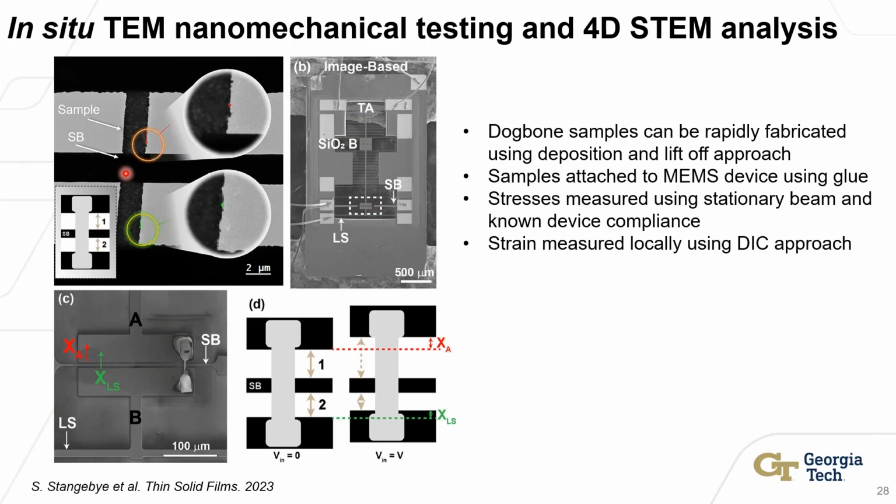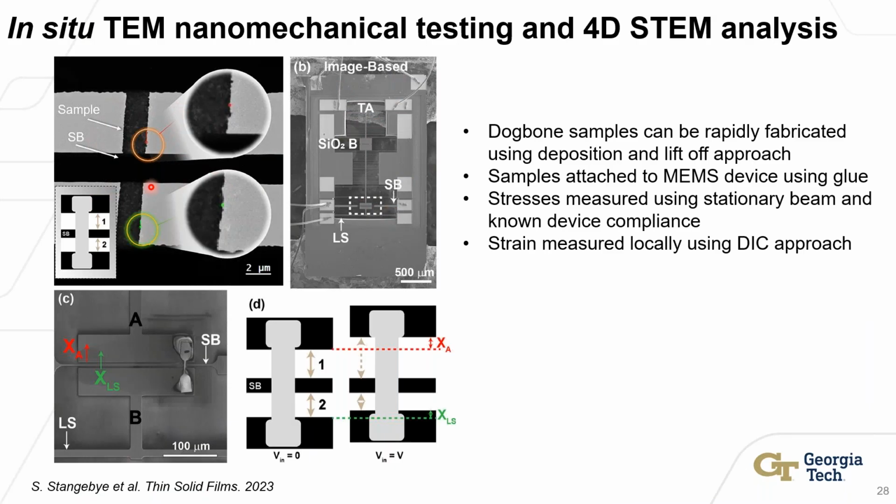We have a stationary beam that we use for reference, and depending on the movement of the MEMS device in relation to the stationary beam, we can calculate the local stress state of our material. We then use essentially a digital or virtual extensometer approach or a digital image correlation approach to calculate the local strain state of our material as well.